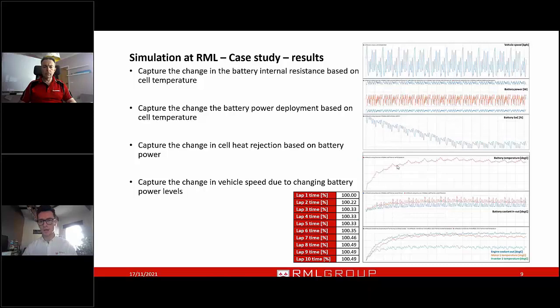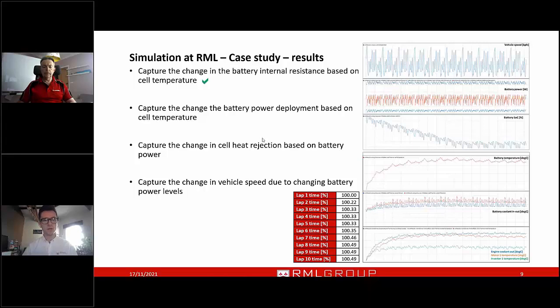The fourth plot shows how the battery cell temperature changes as the simulation is running, and the ones below show the temperatures for the other hybrid components. We also have the relative lap times, which show how the performance of the car changes from lap to lap due to changes in the temperature of the components, due to the reduction of state of charge in the battery, which limits deployment. So the car becomes slower from lap to lap.